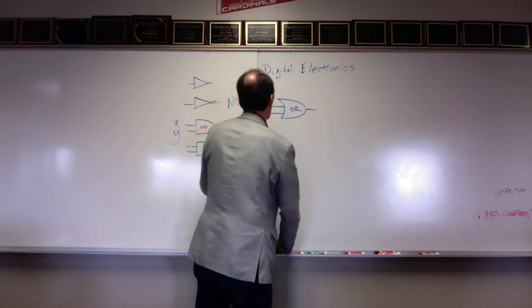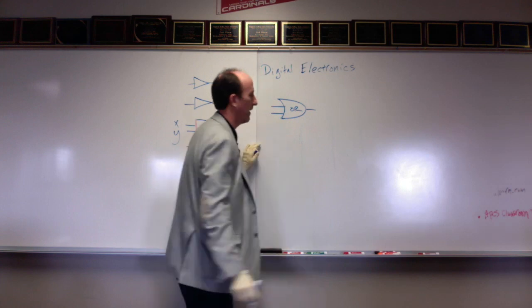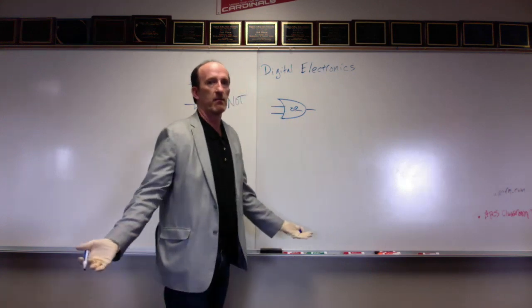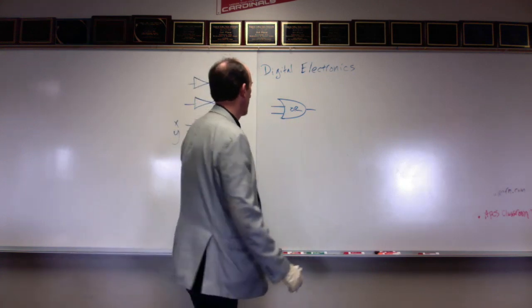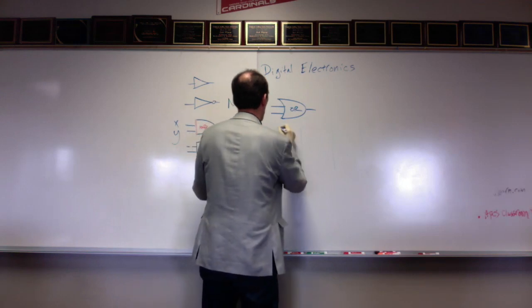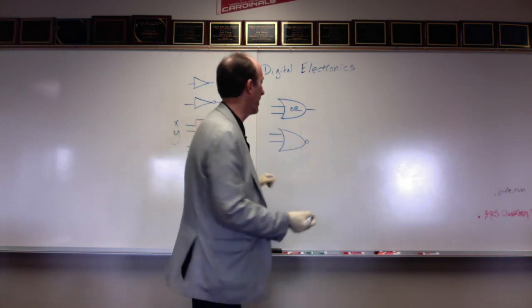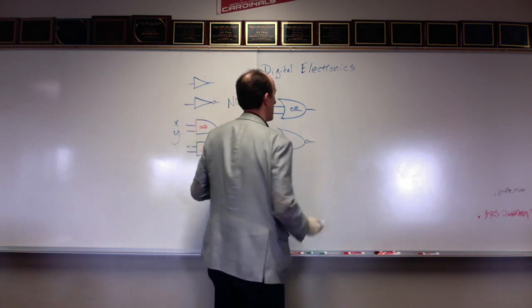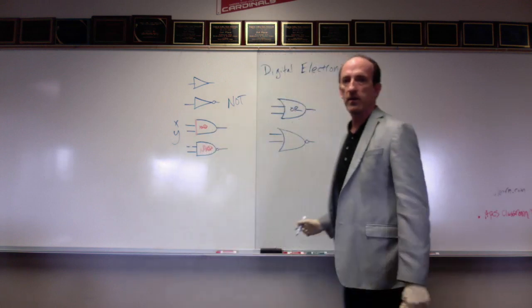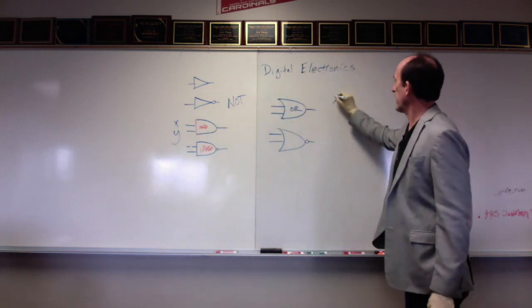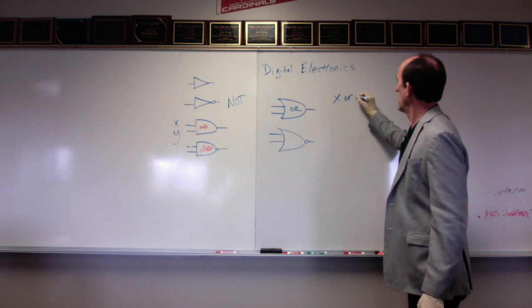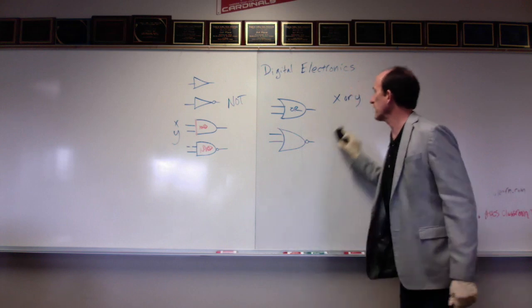And so that's how I distinguish them. So for the NOR, that's going to look like the OR with the negation bubble. So with X or Y, let's do that again.